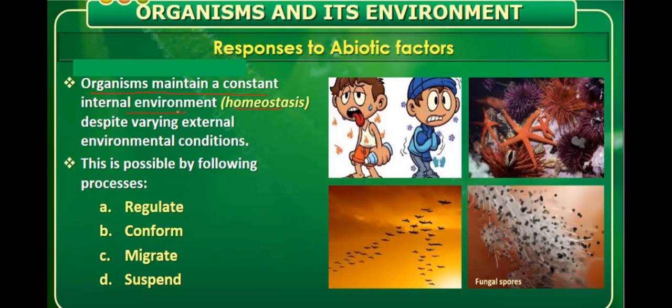This is called homeostasis. This is possible by the following processes: regulate, conform, migrate, and suspend. Now we will study what is regulate, what is conform, what is migrate, and what is suspend.